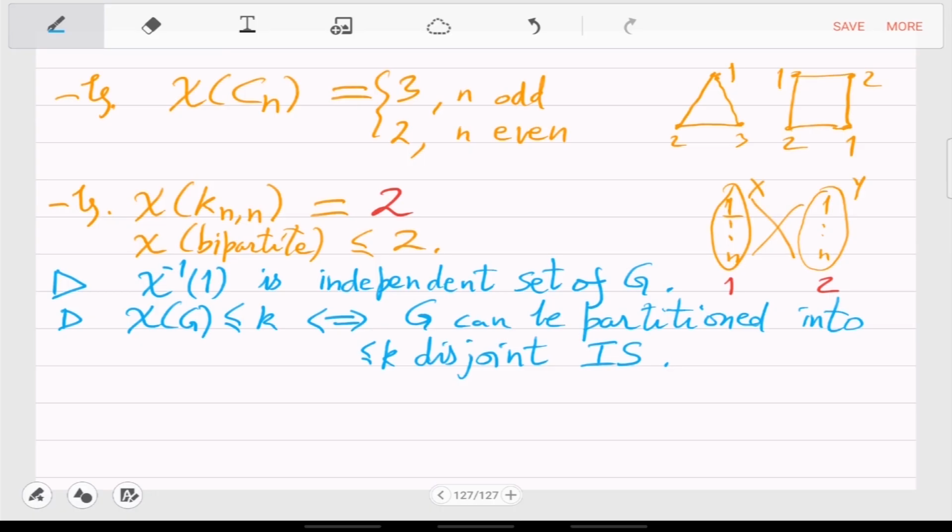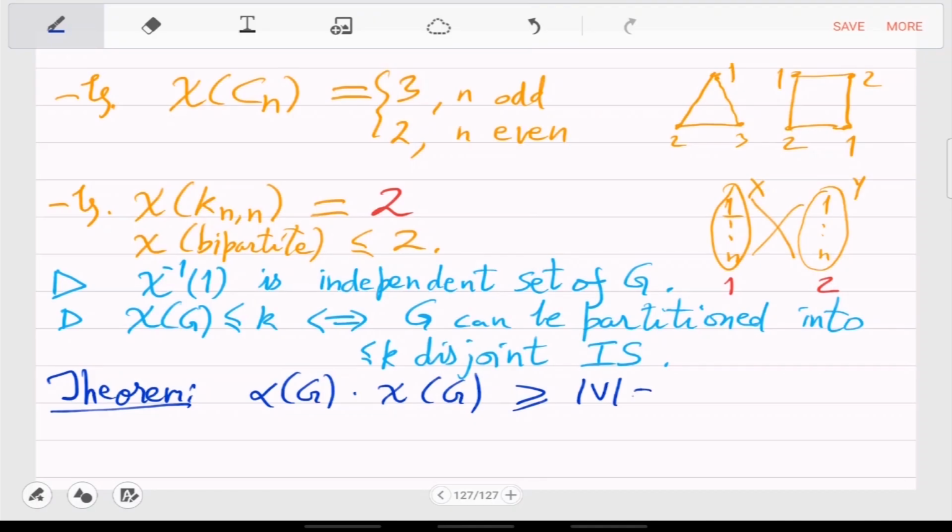So based on this, we should guess a relationship between chromatic number and stability number. Right? So let's prove that. So we'll prove that the stability number of a graph times the chromatic number is at least the number of vertices.